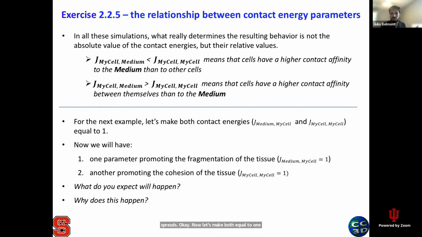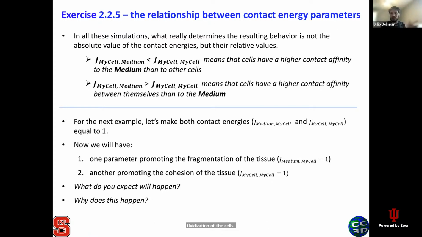If you make both equal to 1, both very low, you have now two effects that should happen. The first parameter, when you make the cell-medium energy equal to 1, should promote the fragmentation of the tissue, because cells like the medium. But when you change the adhesion between cells to 1, that should promote the cohesion of the tissue and the fluidization of the cells, okay?